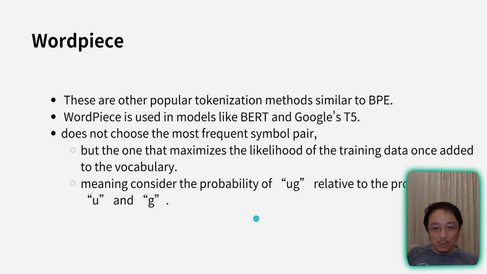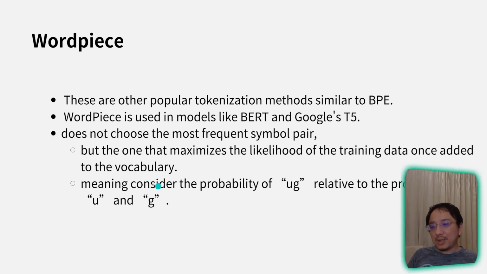But in practice, we probably still want to keep them, because maybe we are going to read some new text, and in the new testing text, U or G are used separately. But anyway, in this case, it makes perfect sense that we put UG into our dictionary as a new token, even though UG does not appear that frequently.